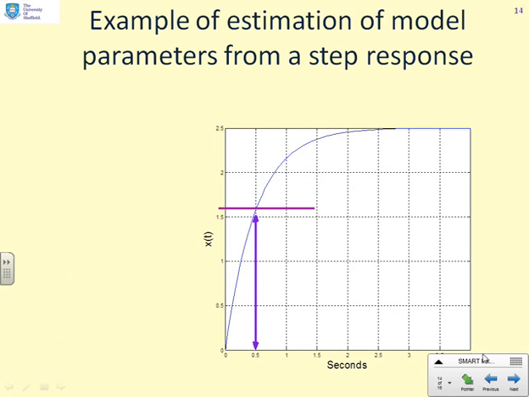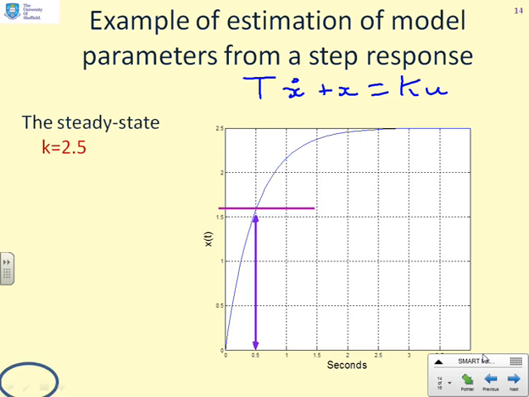So here we go. Here's a plot, and what we're saying is, can we estimate the parameters of the underlying model? I'll write down what the model is. The model is of the form T x dot plus x equals Ku, and we're interested in estimating what is T and what is capital K, and we'll assume in this particular case that the input is a unit step. So clearly the steady state is 2.5. You can see that marked here, and therefore K is 2.5.